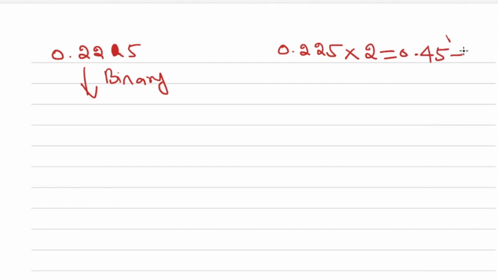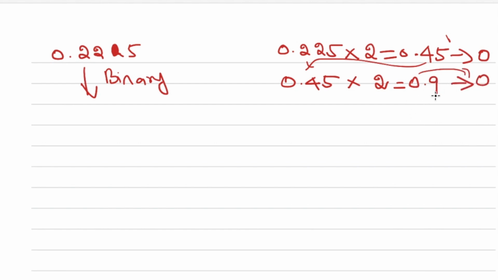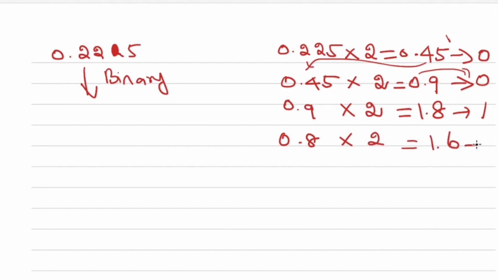This 0 comes here, so the value is 0. Again this 0.45 into 2 is 0.9, so this 0 comes here. This 0.9 into 2 is 1.8, this 1 comes here. 0.8 into 2 is 1.6, 1, and so on.